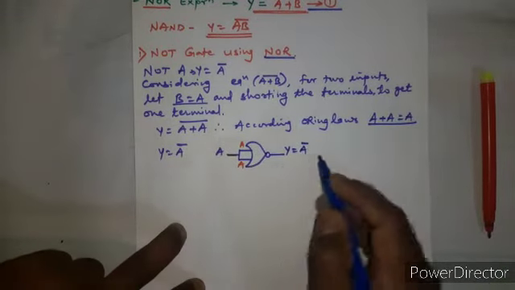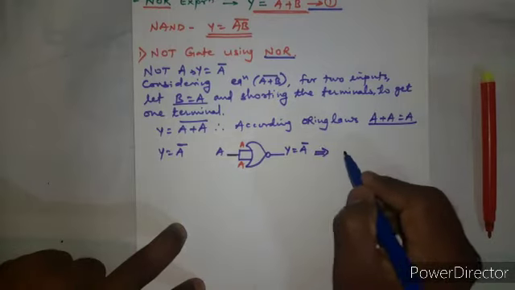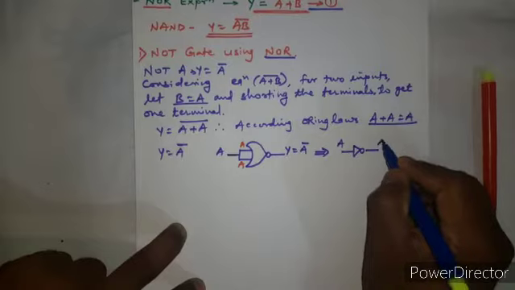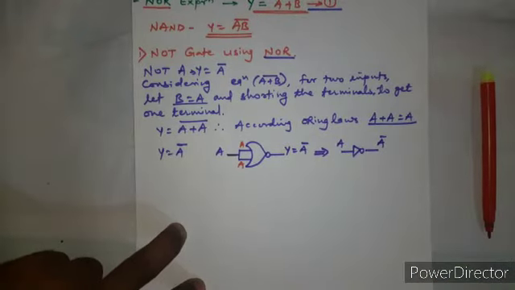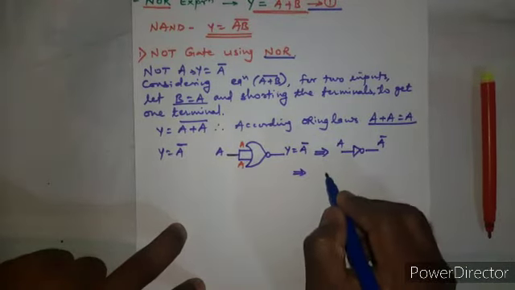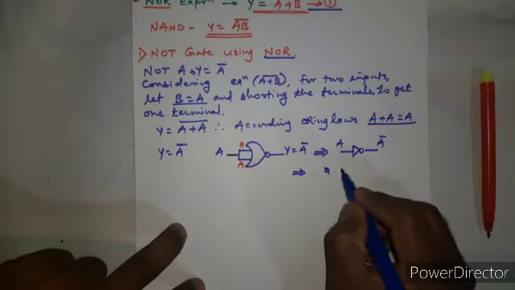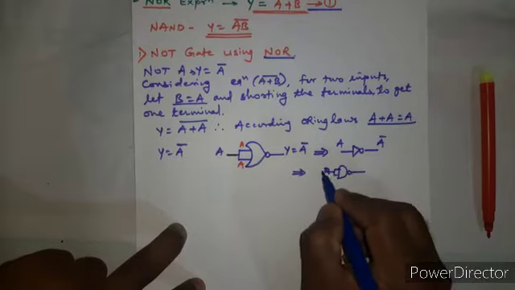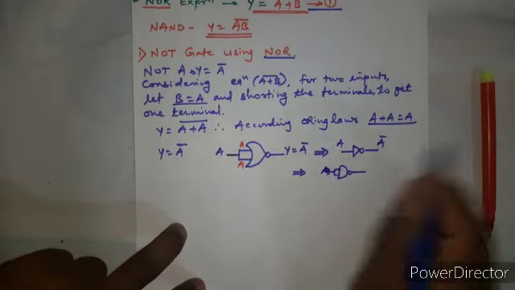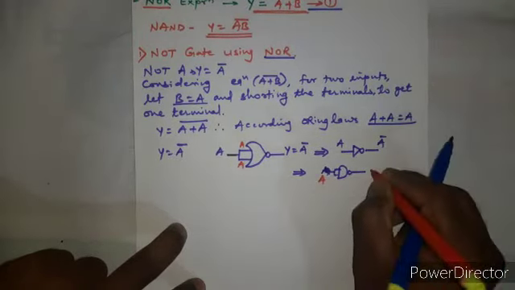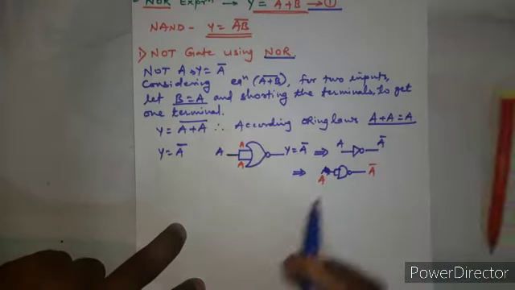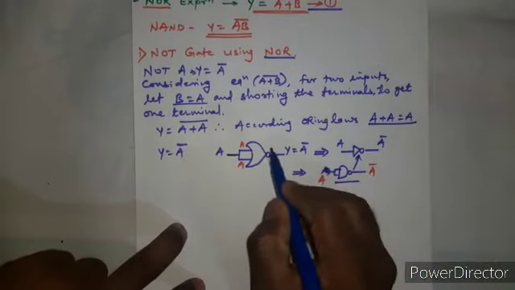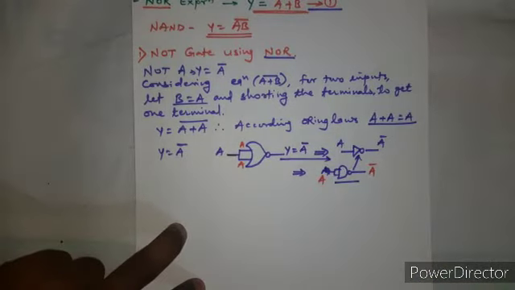So this is how this is equivalent to a NOT gate. So we have A here and output is A bar, which is also equal to a NAND gate. This NAND gate, this is A. So if this is A, this is A bar. So you can use NAND gate to implement NOT gate, or a NOR gate to implement NOT gate.